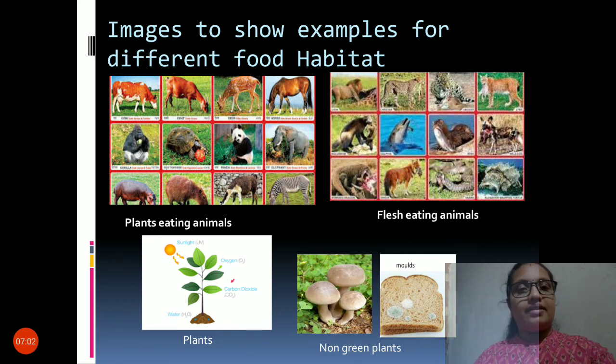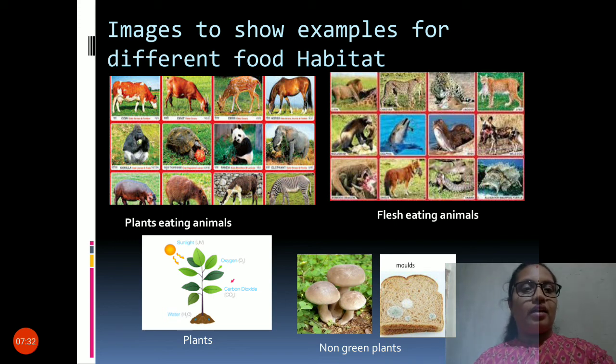Next, I said plants will generate their own food using sunlight, water, and air. The picture shows clearly how the plant takes sunlight, uses water and takes carbon dioxide, and generates its own food.